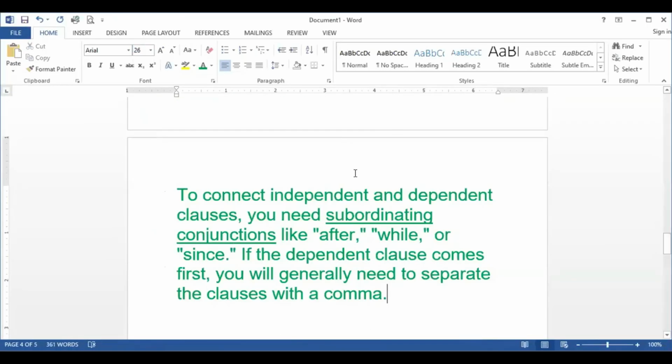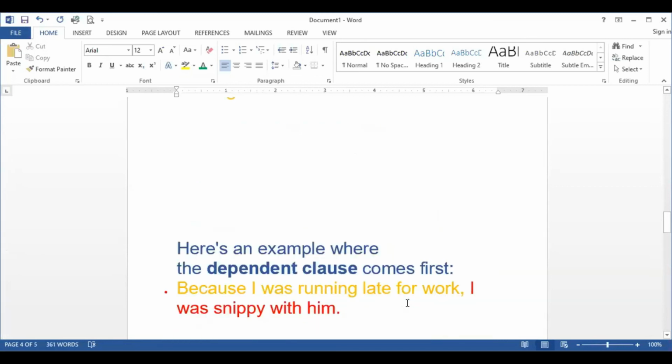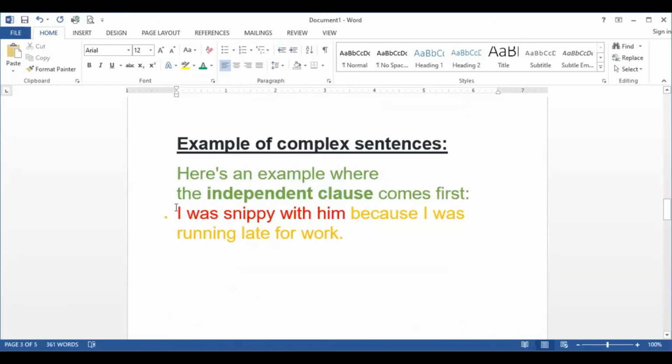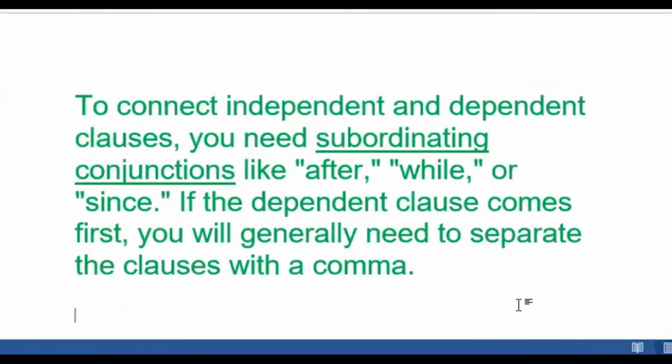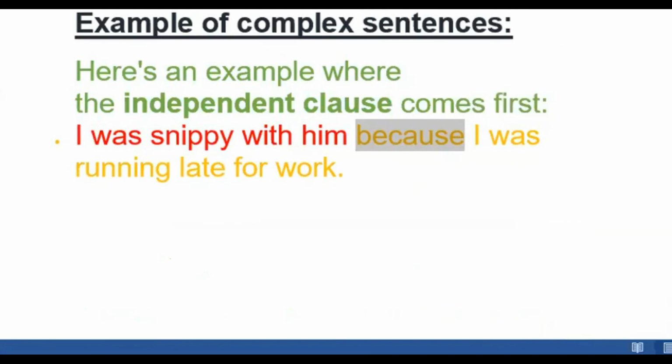To connect independent and dependent clauses, you need a subordinating conjunction, like after, while, or since. If the dependent clause comes first, you need to separate the two clauses with a comma. So we'll go back to our sentences. Because I was running late, I'm going to underline our conjunction here.